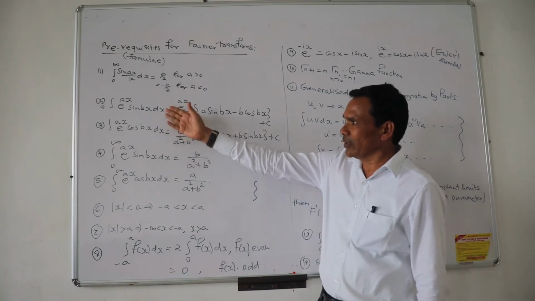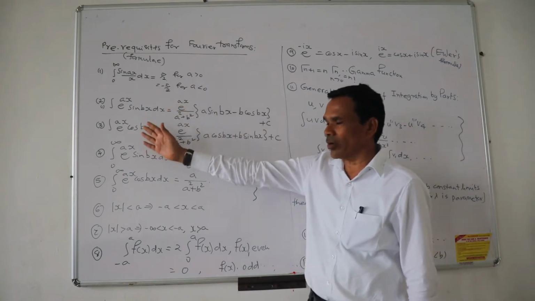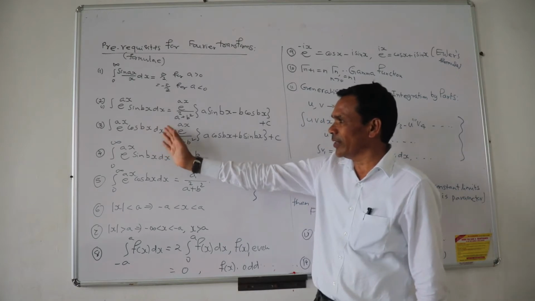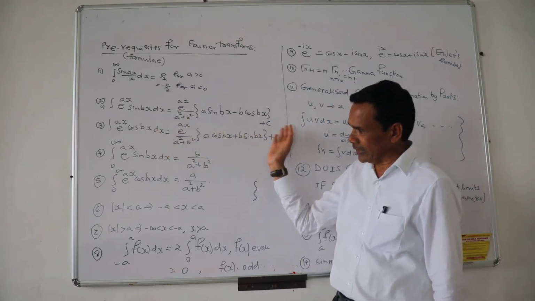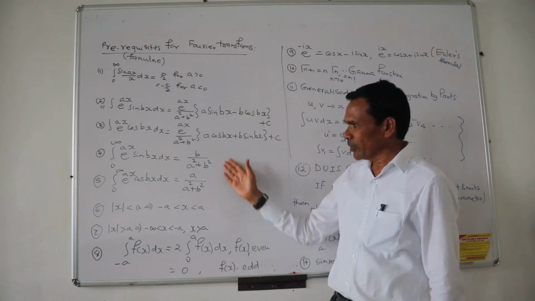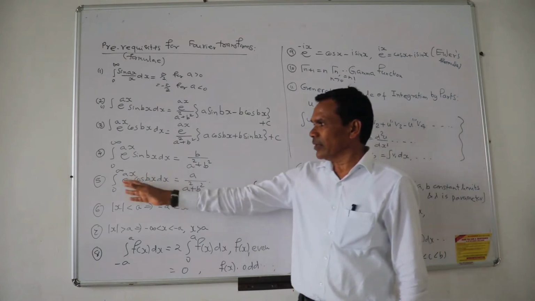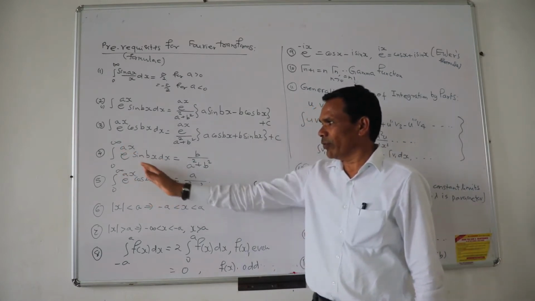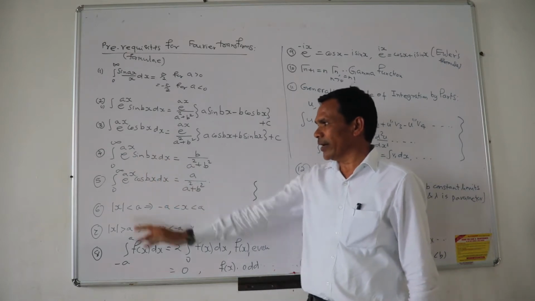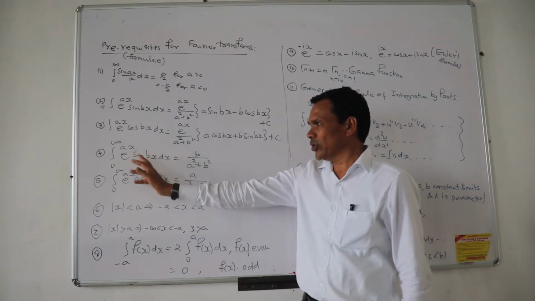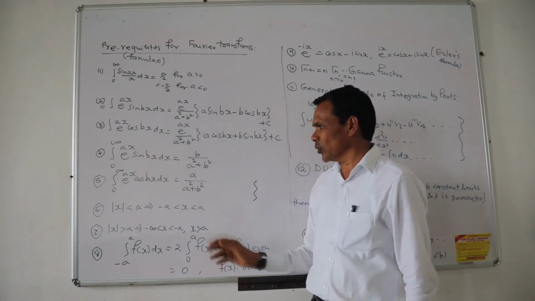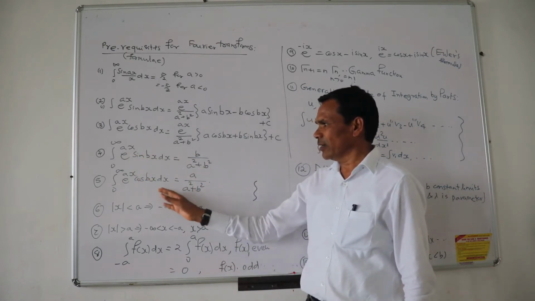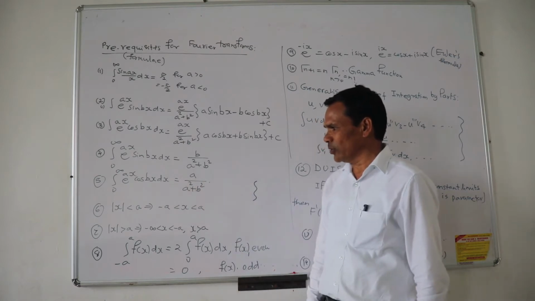Similarly, some formulas for the integration of the product of exponential and trigonometric functions, sin and cos; its primitive is this. Similarly, you have the specific limit 0 to infinity: e raised to ax sin bx gives b upon a square plus b square. Then with cos, it is a upon a square plus b square.